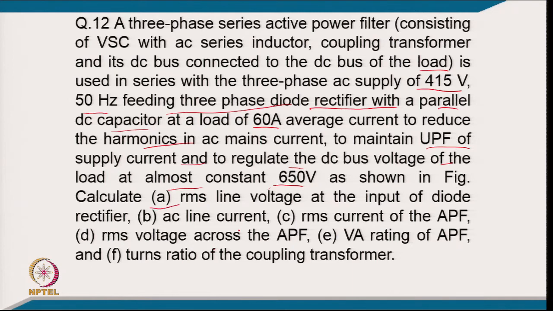Calculate A, the RMS line voltage at the input of the diode bridge rectifier, B, the AC line current, C, the RMS current of the active series filter, D, the RMS voltage across the series active filter, E, the VA rating of the series active filter, and F, the turns ratio of the coupling transformer.